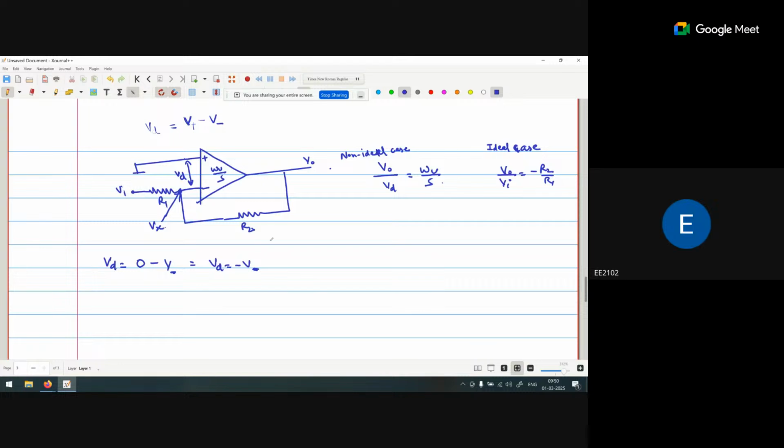So can I draw the equation? The current that is coming from here goes in this way. So (Vi minus Vx) upon R1 is equal to (Vx minus V out) upon R2.